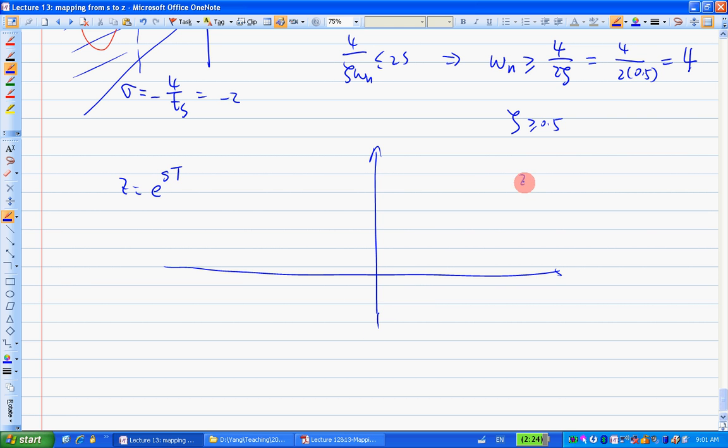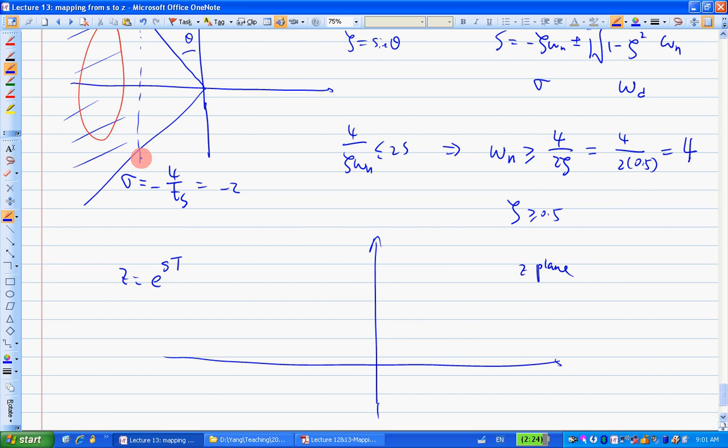This is the Z plane. This vertical line here is going to be mapped into a circle.